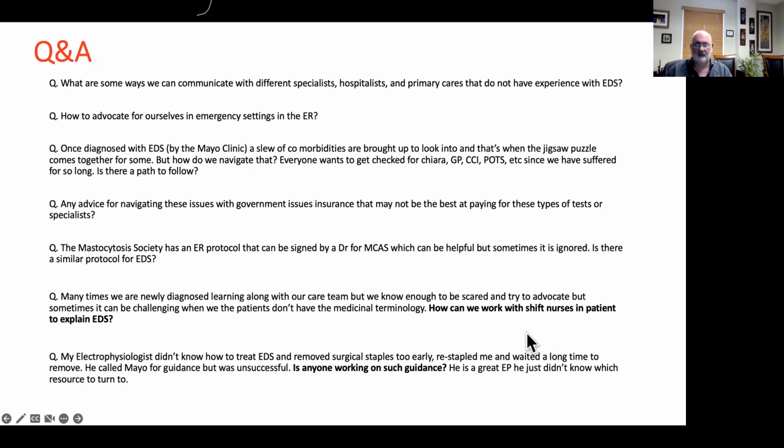Okay, thank you. Our next question we've kind of gone through many times. We are newly diagnosed, learning along with our care team, but we know enough to be scared and try to advocate, but sometimes it can be challenging when we as patients don't have the medical terminology. How can we work with shift nurses in inpatient scenarios to explain EDS? Kind of similar to what we already talked about, but I don't know if you have any additional things you'd like to add.